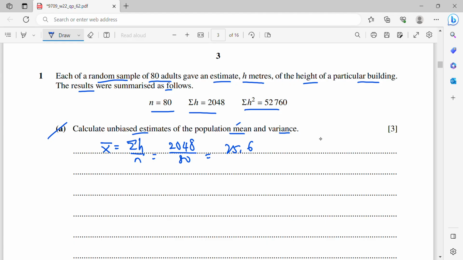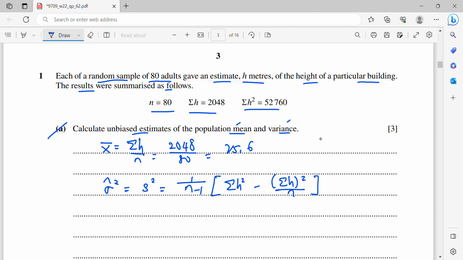Now the unbiased estimate for the variance. Population variance will be sigma hat squared, and this is also the same as s squared, our sample variance. The formula is 1 over n minus 1 multiplied by summation h squared minus the square of summation h, over n. Right?